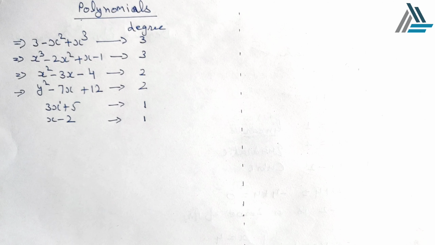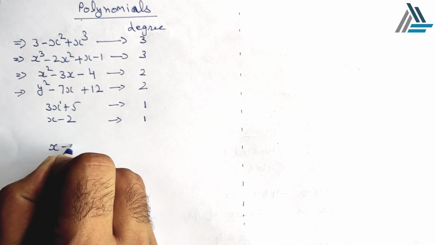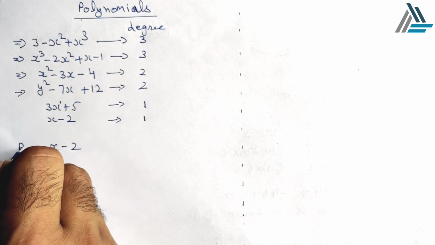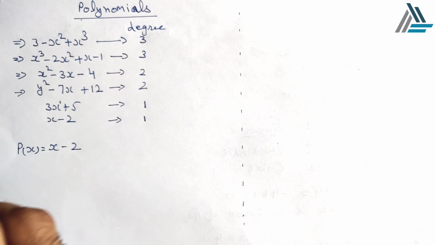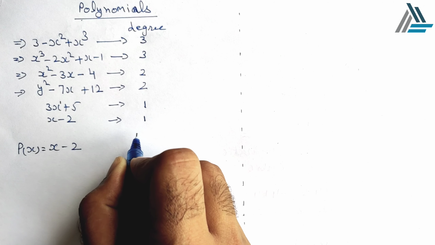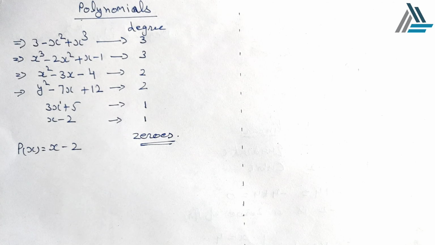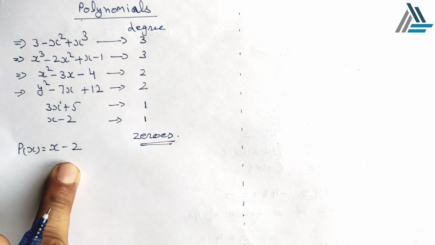Now we discuss the zeros of a polynomial. Again, let me take the polynomial p(x) equal to x minus 2. A zero of a polynomial is a number which makes the polynomial 0.